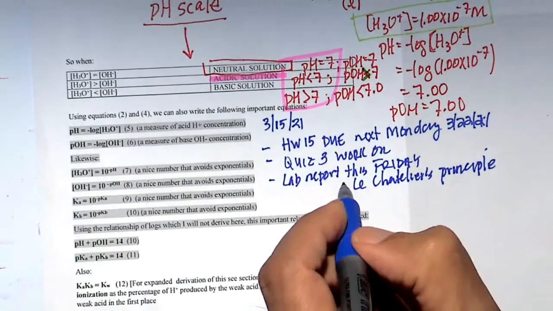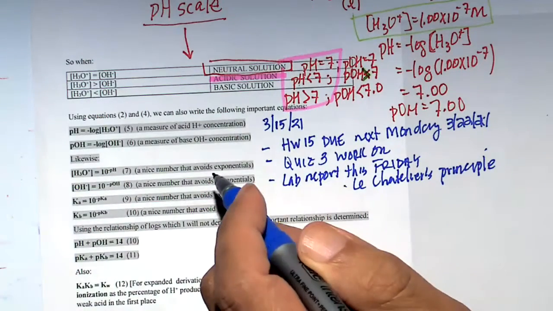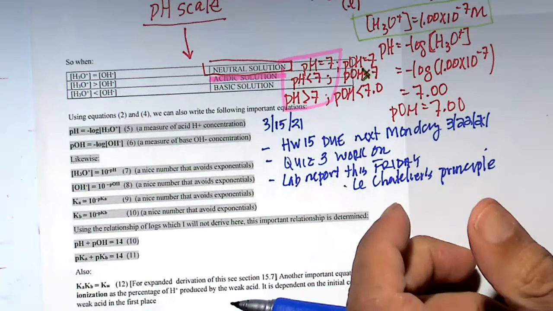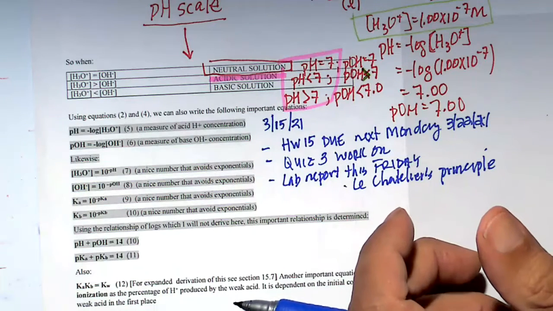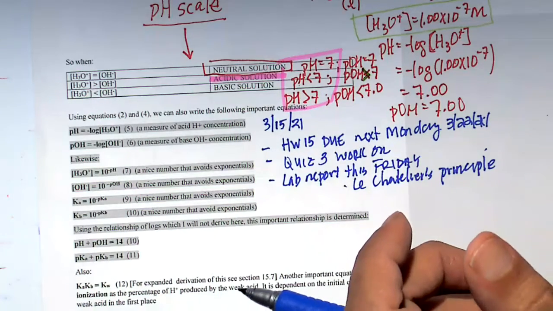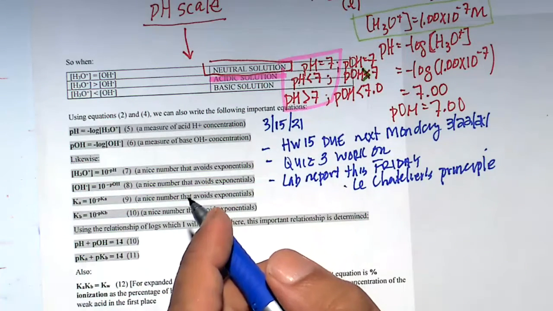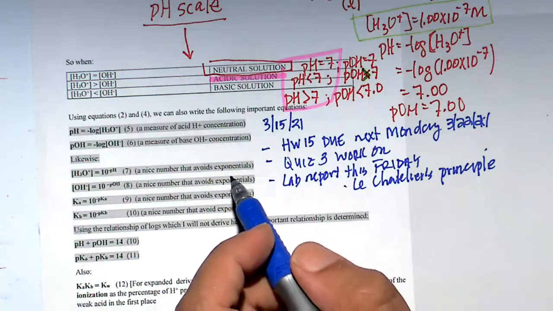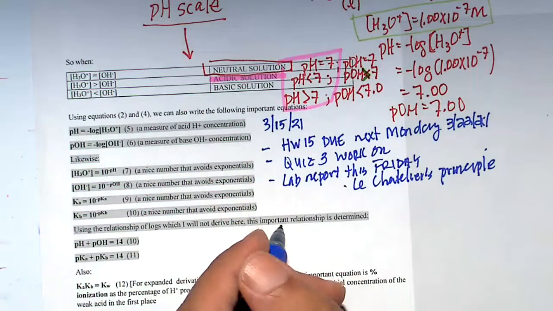So come to the lab and do the lab report and turn that in. We have a 2-week period. Last week was Le Chatelier's. We also have this week to do that lab as well. And I think this is all that I have in my mind for now.